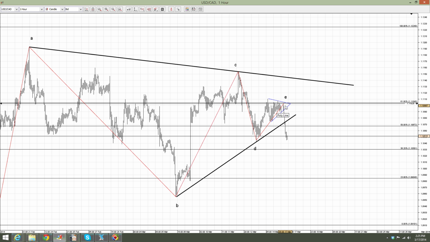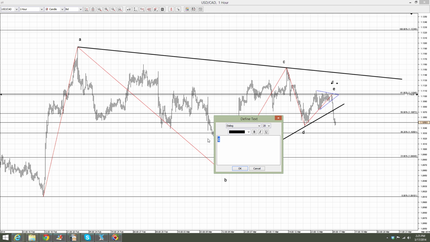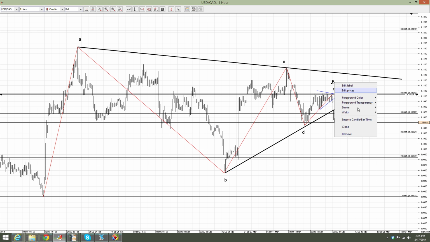Where the triangle actually ended at the highs here, when we marked the low. So this is the end of the triangle. It means that this is a potential contracting triangle as a B wave of a bigger degree. So B wave of a bigger degree.